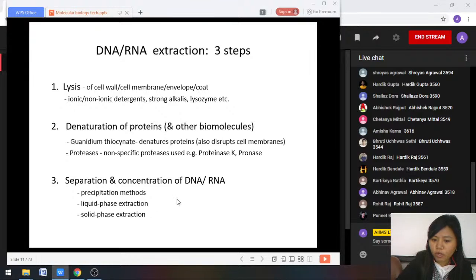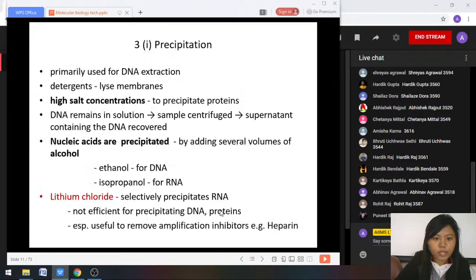Then separation and concentration of DNA can be done by various methods: precipitation, liquid phase extraction or solid phase extraction. When extraction methods first started, precipitation was the first method devised. In this, we first precipitate out the protein using high salt concentration liquids, and then precipitate the nucleic acid by adding ethanol or isopropanol.